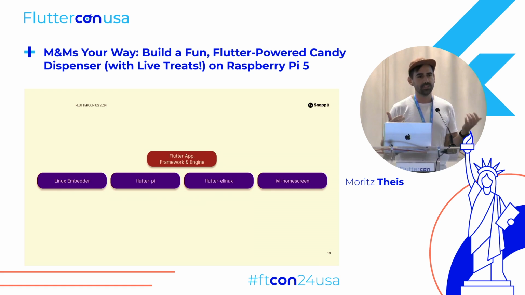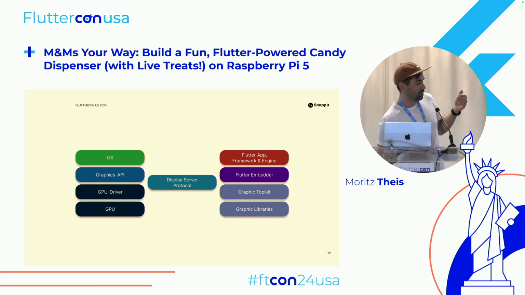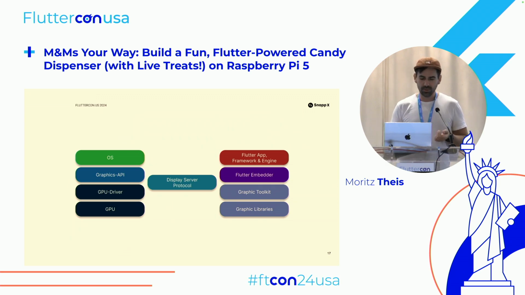And you may ask yourself now, why do we need this? And now comes the bad theoretical Linux world part, but I just want to give you a briefing of why we need it. And to understand that, we have to look at the components that play a role on an embedded Linux system when we want to show a Flutter application. First, of course, we have the GPU, followed by the GPU driver.